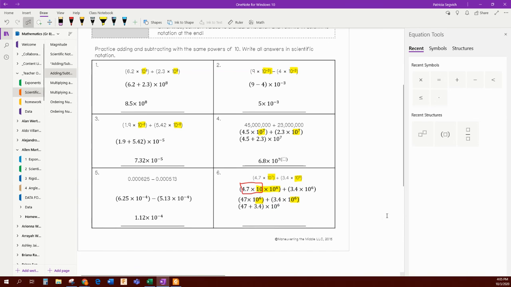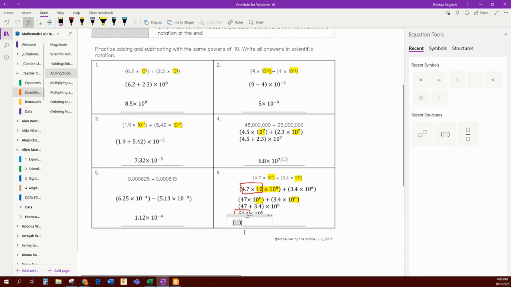Got a problem here, though, Houston. I have 47 plus 3.4 is 50.4, 50 and 4 tenths, times 10 to the 6th. But notice that this is not in scientific notation. We do not have a number between 1 and 10. So we are going to take our 50 and 4 tenths and rewrite it into scientific notation.